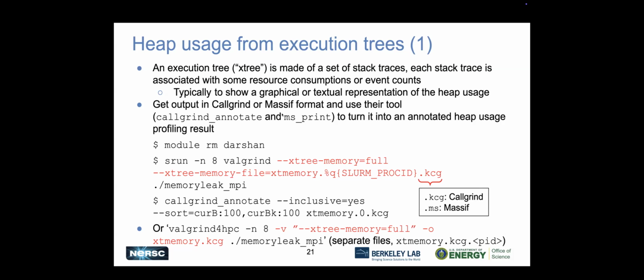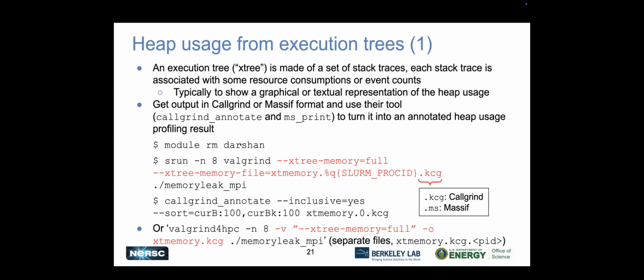They are for two other Valgrind tools, and then you use their tool to process this data into a human readable form. To do that, I'm not really sure, but I found some error when I didn't remove the darshan module.